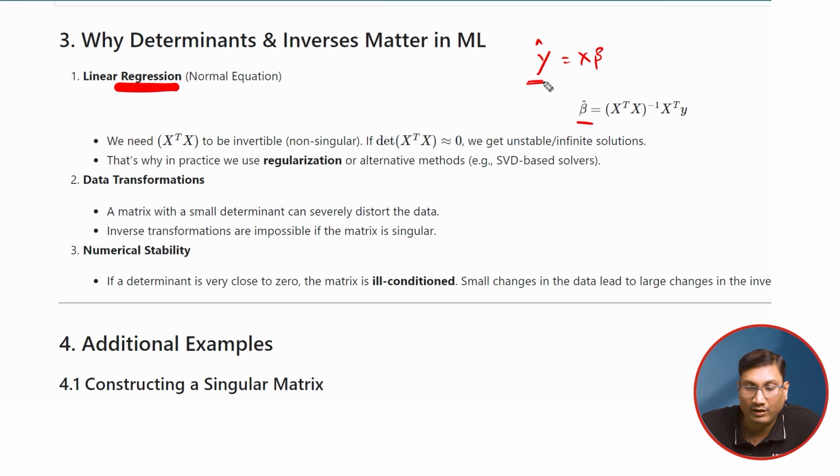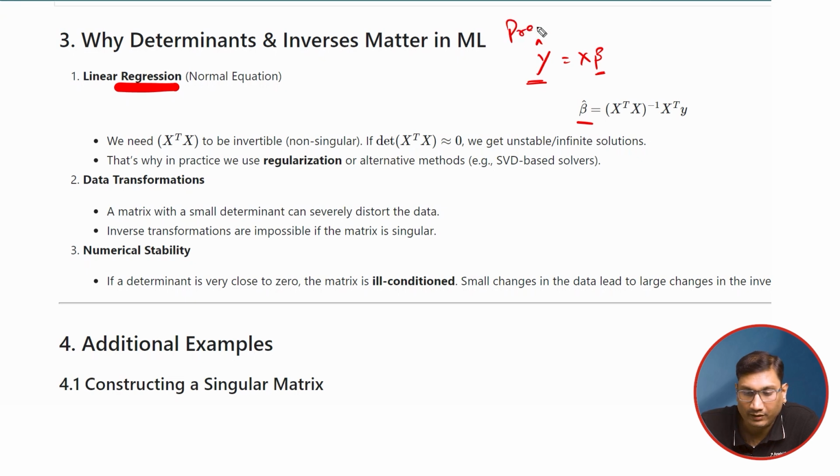So y hat is your linear regression model, and this will give you the predicted values. The predicted values are equal to the product of your feature matrix X, which will be an M cross N matrix, and beta, that's your coefficient matrix. If you multiply the feature matrix with the coefficient matrix, you will get the predictions. That is your y hat.